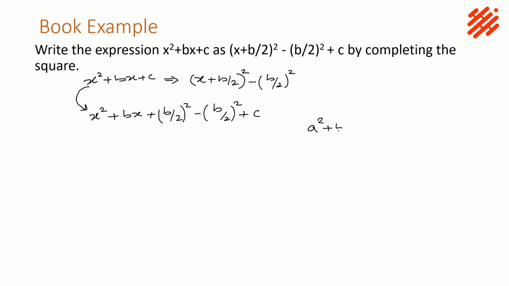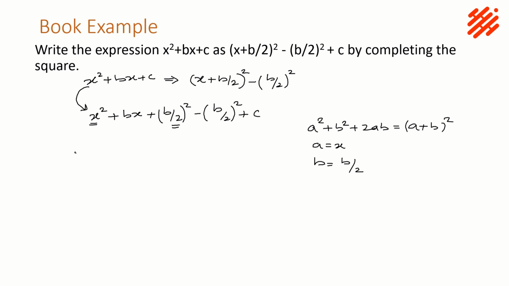Now we know that (a plus b) the whole square equals a square plus b square plus 2ab. Here our a term is x and the b term is b by 2.